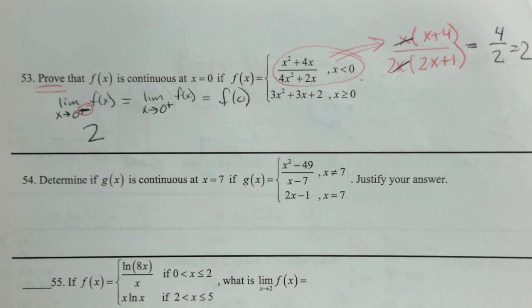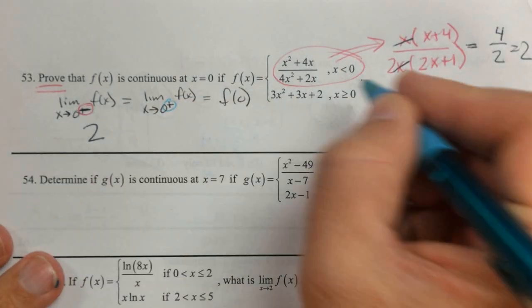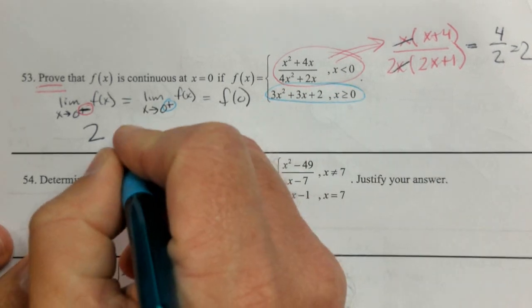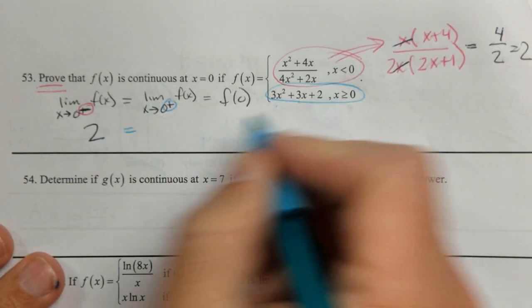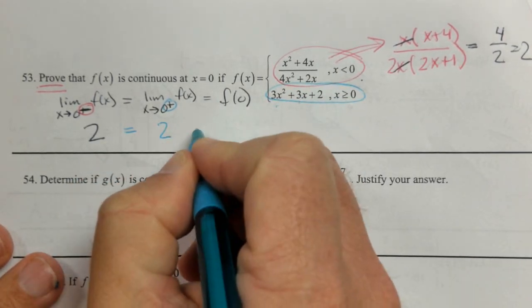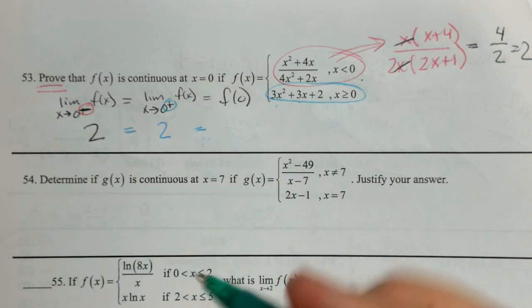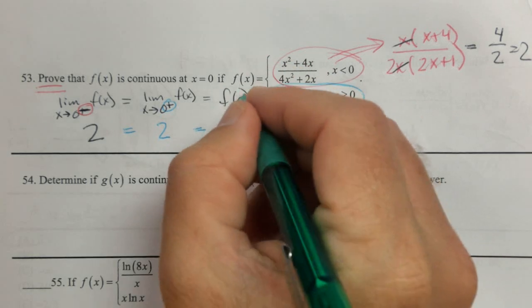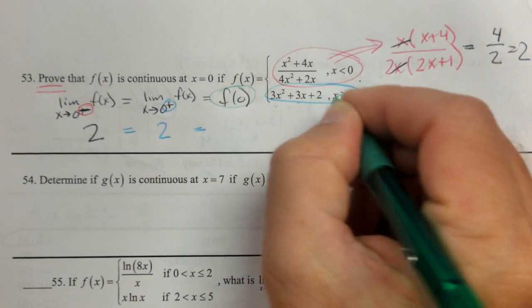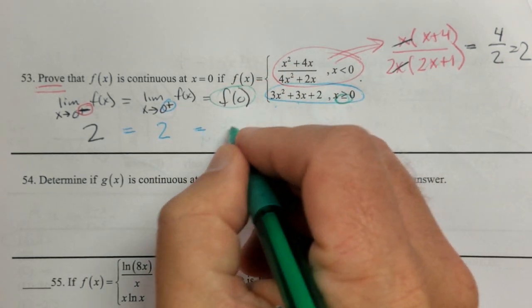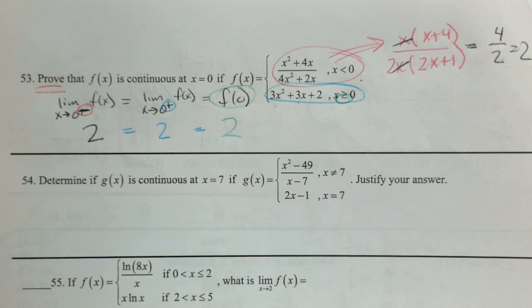That one took a little work. The limit from the right, that'll be a little easier, because it's just a polynomial. 0 plus 0 plus 2 is 2. And the function value, at 0 the equal sign is still this same equation, 0 plus 0 plus 2 is 2.